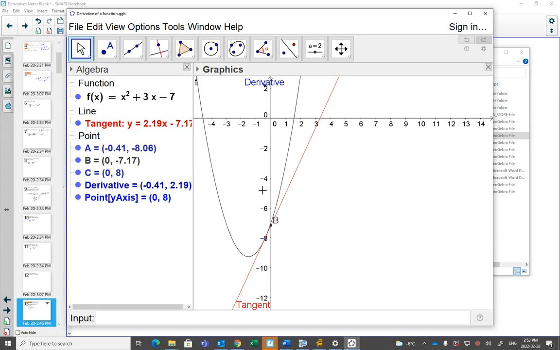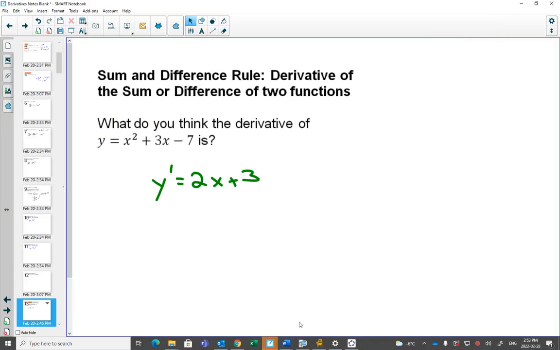What I wanted to show you is I could drag this point B along the parabola, and as I would draw it, it would plot all the slopes, and the slopes would perfectly make a line which has an equation of 2x plus 3. So I'll get that fixed for next class so you can actually see it because it's quite nice.